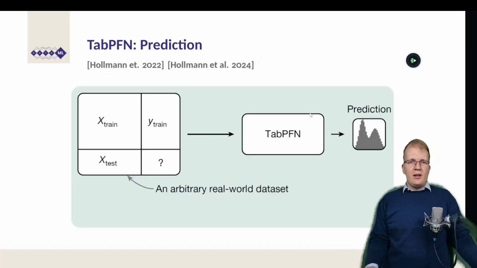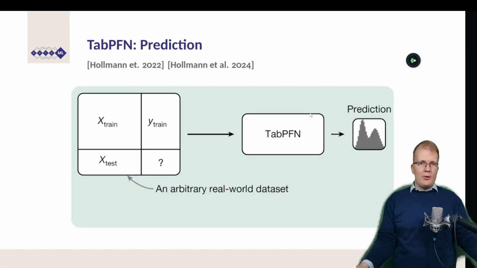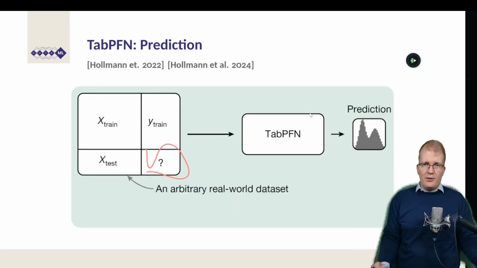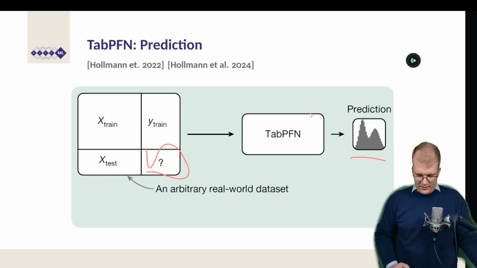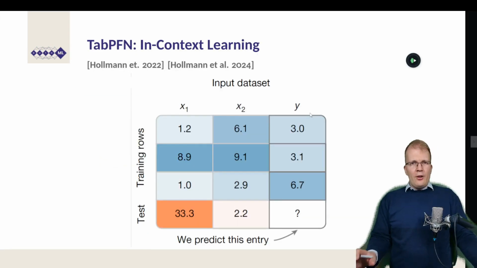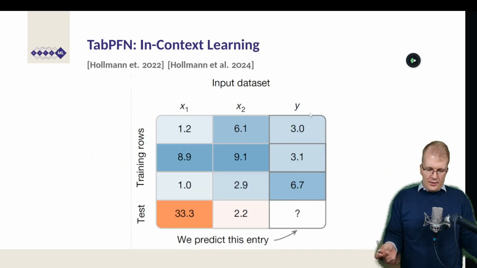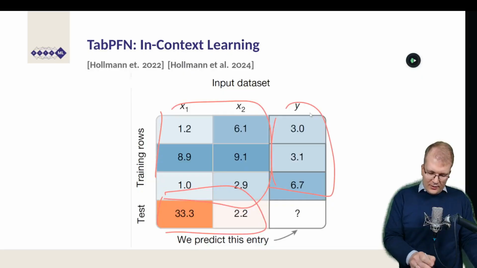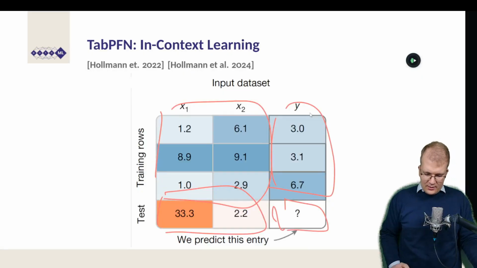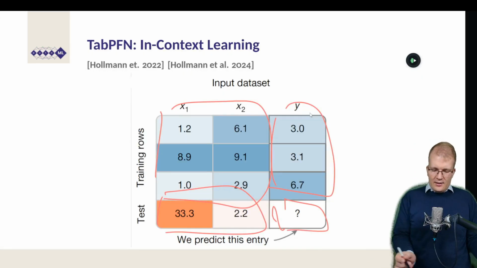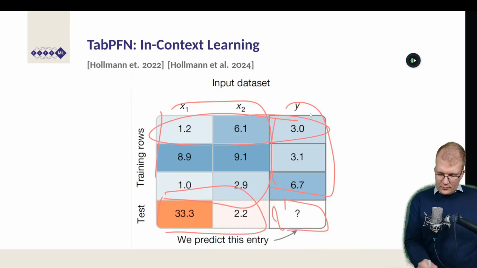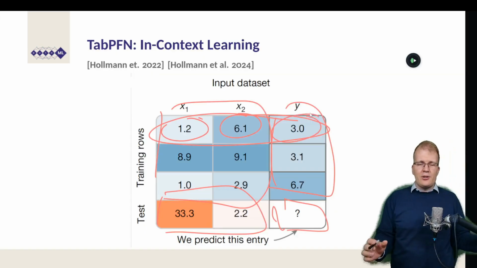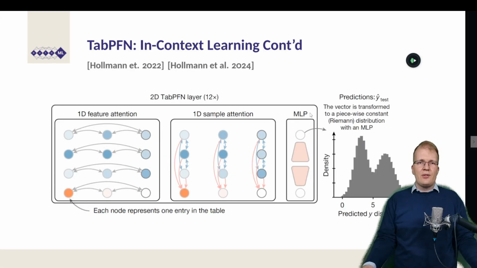For predictions now, we're doing more of the same, but we don't have the test labels, and we would like to get these. So we simply feed that in and get predictions. How that looks is like this: that is X train, that's Y train, that's for example X test, and we would like to get that entry. You can see each of these as nodes here. And we have to think about how the attention between these nodes is done.